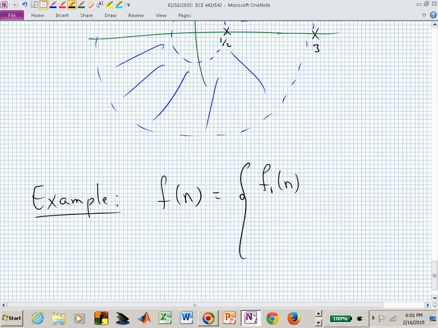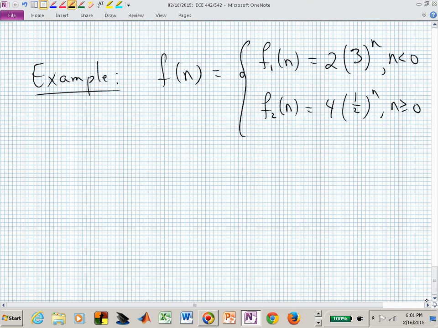F sub 1 of n, let's say, is 2 times 3 to the n for n less than 0, and f sub 2 of n is, let's say, 4 times (1/2) to the n for n greater than or equal to 0. Where we could say, oh, if we've defined f1 of n and f2 of n, then we could write f of n, knowing when these particular expressions are valid with their time index.